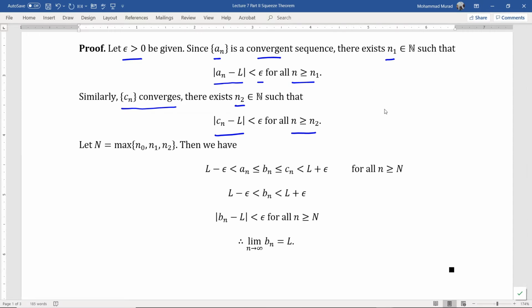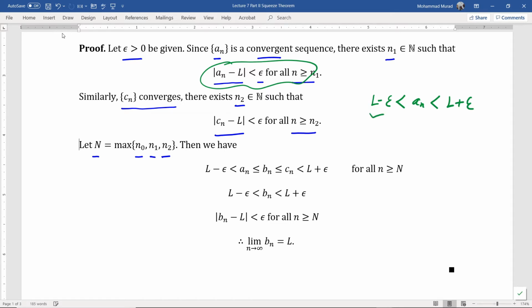Now we define the capital N as the maximum of these indices n sub 0, n sub 1, and n sub 2. Then we have from the first inequality here, which says L minus epsilon is smaller than a sub n smaller than L plus epsilon.